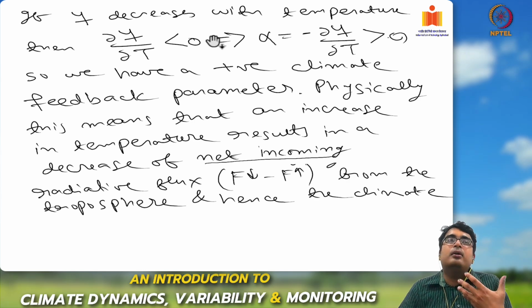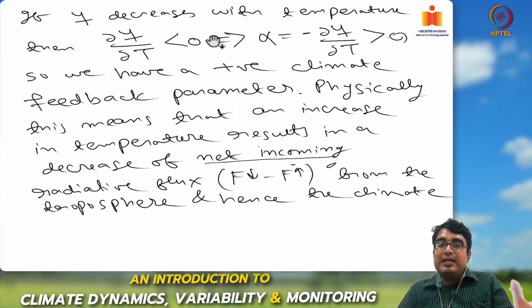So, the climate system is losing heat as the temperature of that system is increasing. So, this is a negative feedback. Okay, so if the feedback parameter is positive, then we have a negative feedback. So, it's kind of counterintuitive. Basically, if alpha is greater than 0, then ∂F/∂T is less than 0. The climate is cooling down because it's losing energy when its temperature increases.